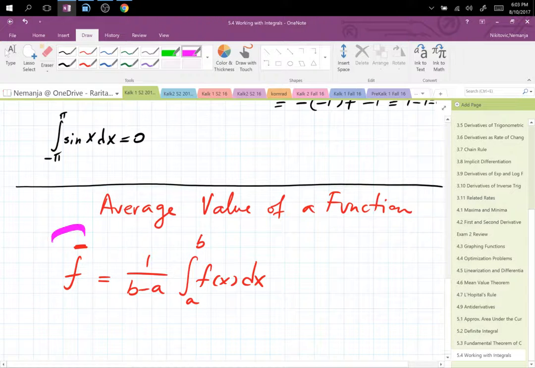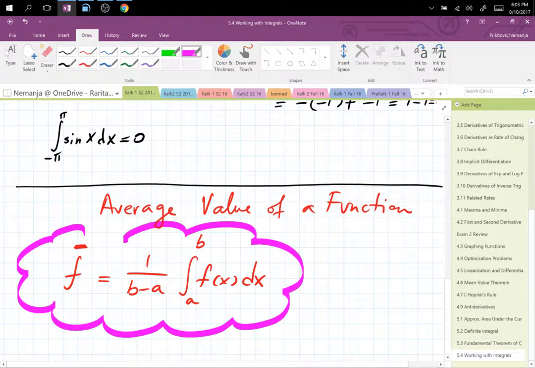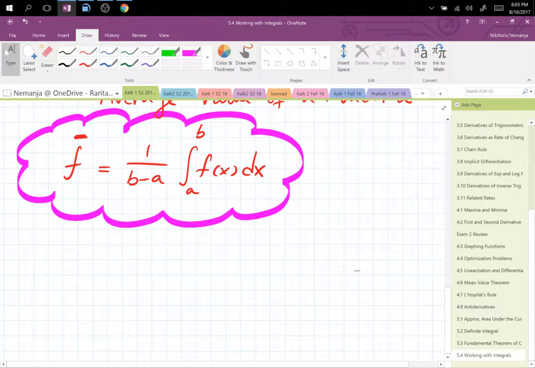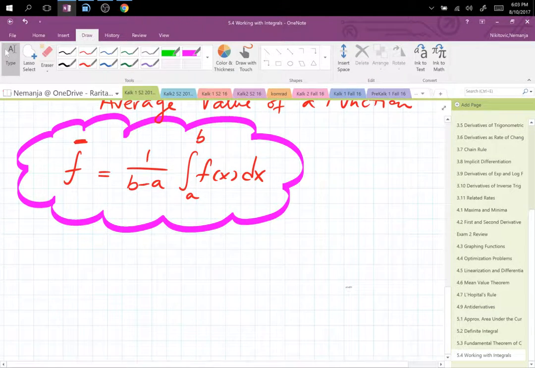So this formula calculates the average value of the function. That's somewhere in the book, page 379, yes.